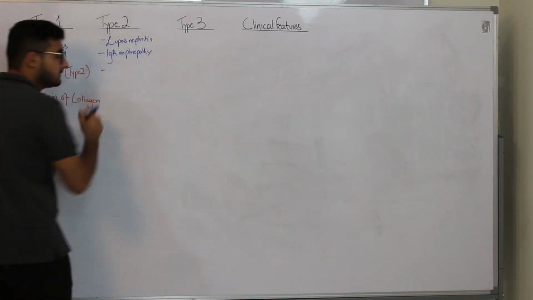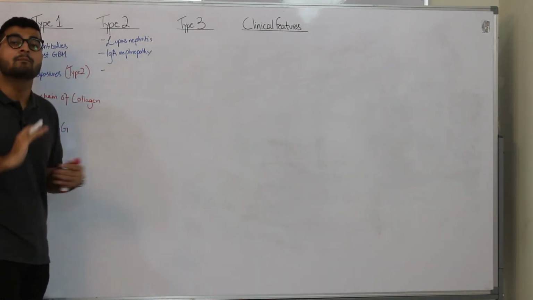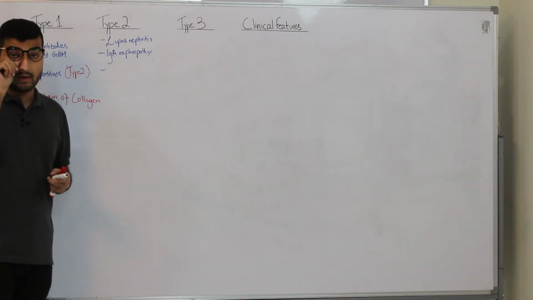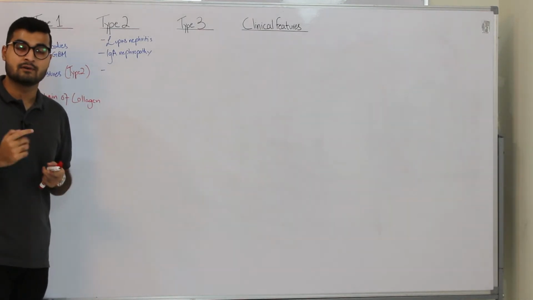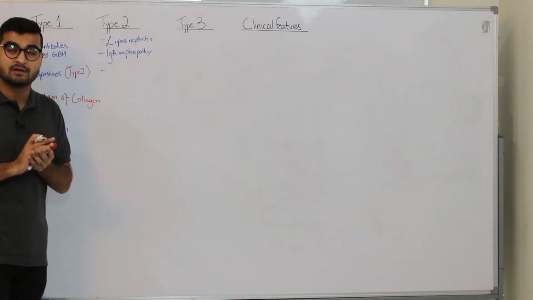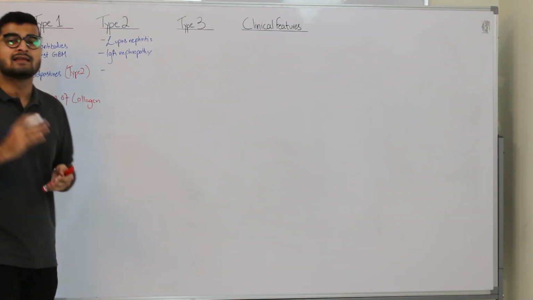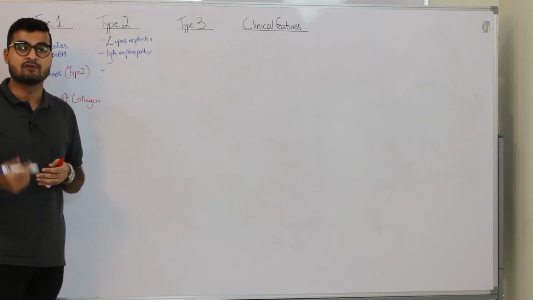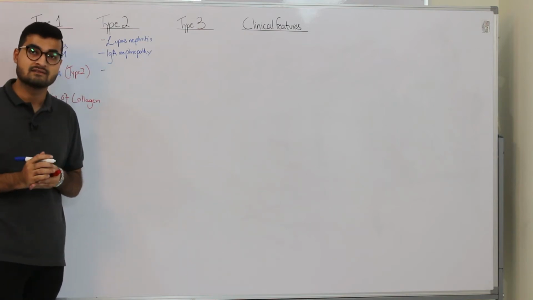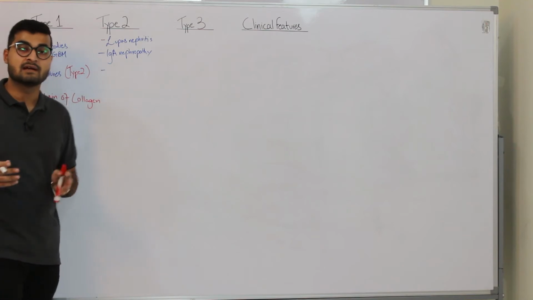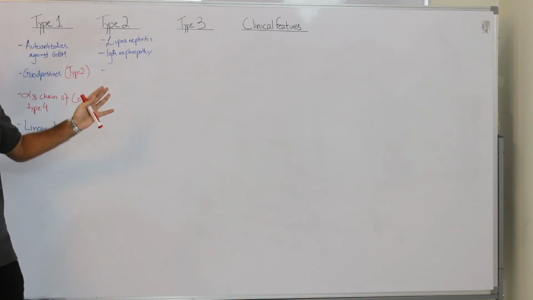Apart from that, you can also have a complicated streptococcal glomerulonephritis. Now what happens in streptococcal glomerulonephritis is that you basically have an infection that affects your kidney, but it's self-resolving. But instead of self-resolving itself, if it gets worse, if it gets complicated, you can end up having crescent formation.